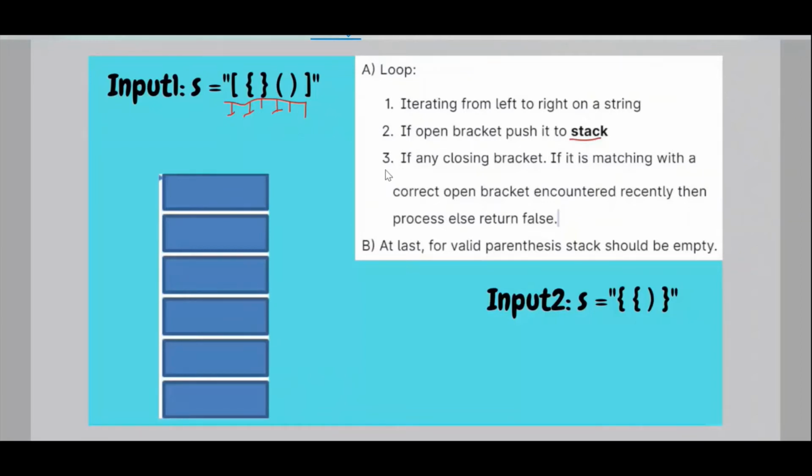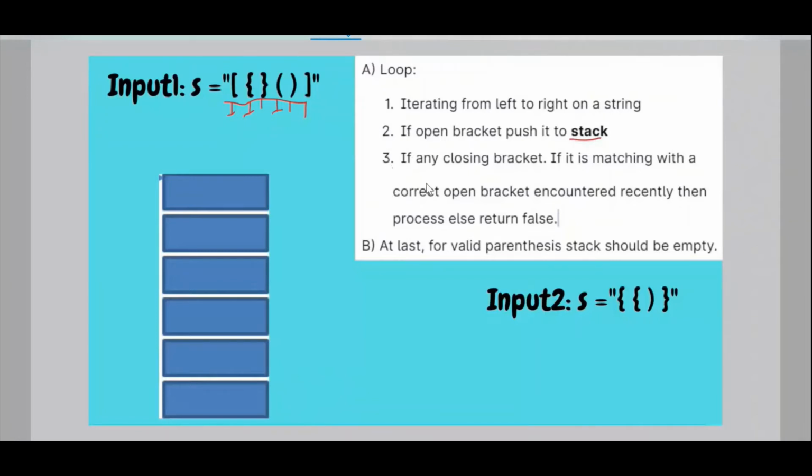Now coming to the third step. If there is any closing bracket, then we'll be taking it from the string and popping from the top of the stack. So whichever the open bracket is, we compare it and check if it's a correct valid combination, and then this loop will keep running.